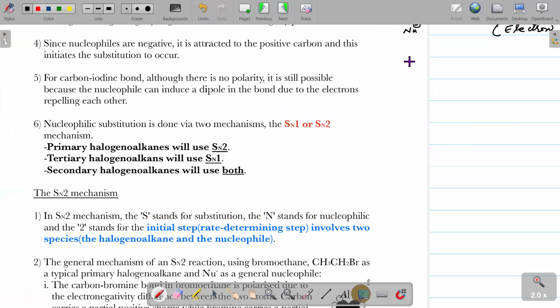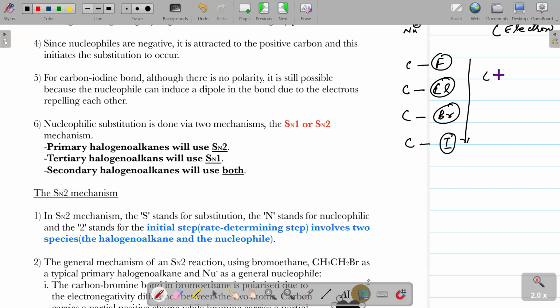Actually, when we move down, what we are observing in the bond polarity, while moving down in halogens, you can see their electronegativity decreases. So it means that the bond between carbon and fluorine is most polar.